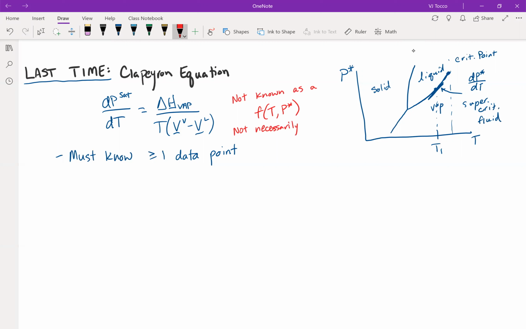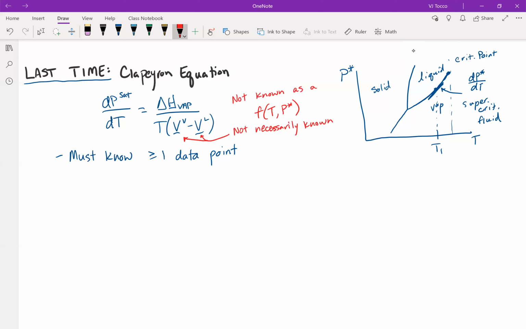So you could measure them if you want, or you could model them, right? So you could model the molar volume of the vapor with an equation of state, or the molar volume of the liquid if you have an equation of state that models both equivalently well. But again, you don't necessarily know which equation of state you should use.